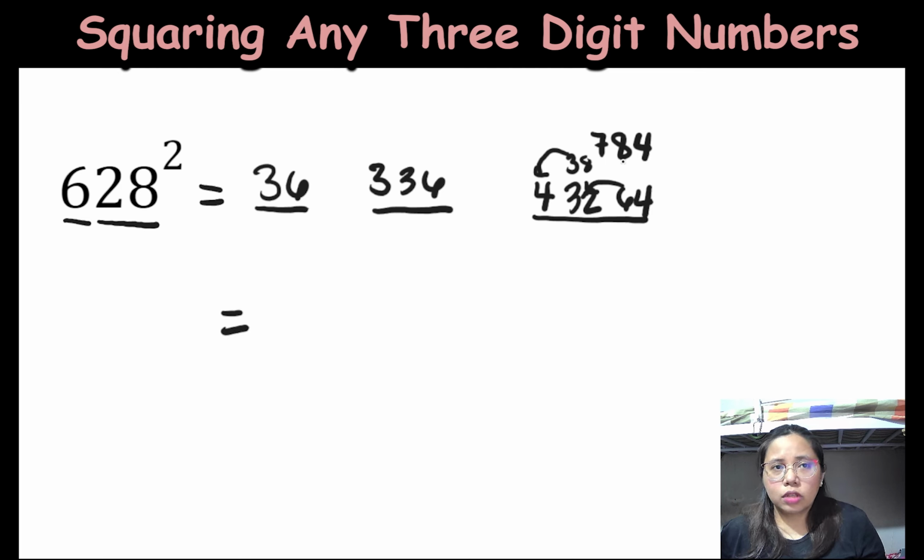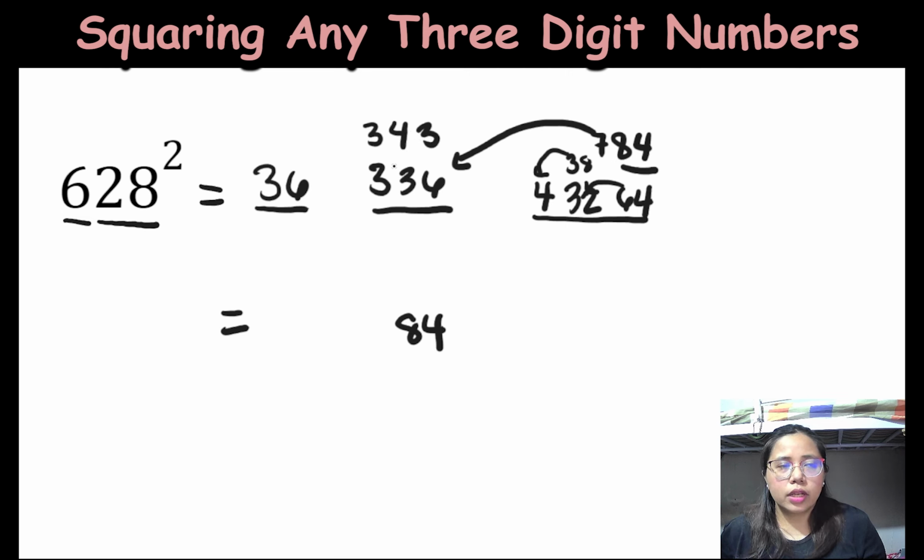So, kunin natin yung final answer. How do we do that? Kunin natin yung last 2 digits nung answer dito sa third line. So, we get 84. And then, carry over yung 7 dito sa second line, so magiging 343. Kunin natin yung last 2 digits, which is 43.